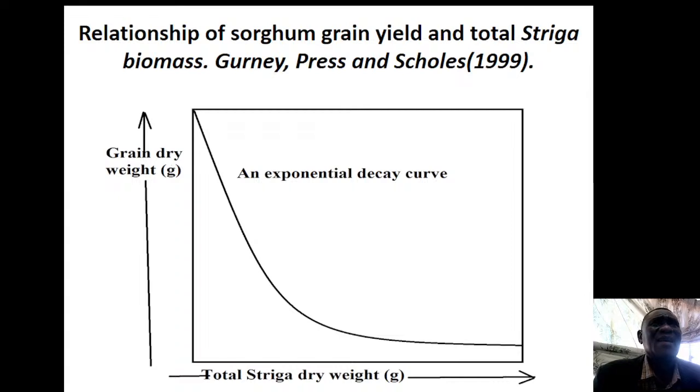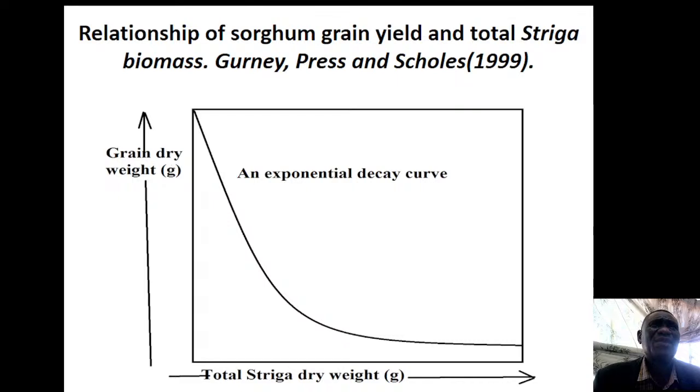The other issue I wanted to explain is the relationship of grain yield, it could be grain yield, versus total Striga dry weight. You can see as you increase the Striga dry weight, you tend to decrease the yield. But there's a special curve.